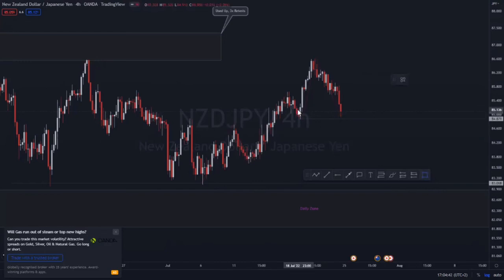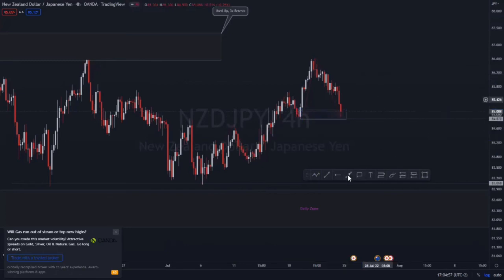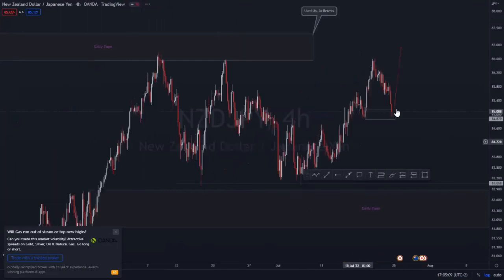Now, we also have this zone over here that is the source of this imbalance over here that the market hasn't really retested or mitigated. So I was thinking that the market could use that zone to move towards the upside. That's another scenario, right? So this is scenario number 2.